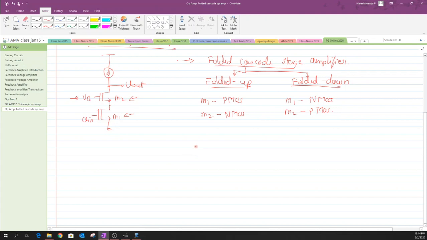Okay, so let me quickly get you the structure that we had, so that we will utilize this structure to build the folded cascode op-amp configuration.